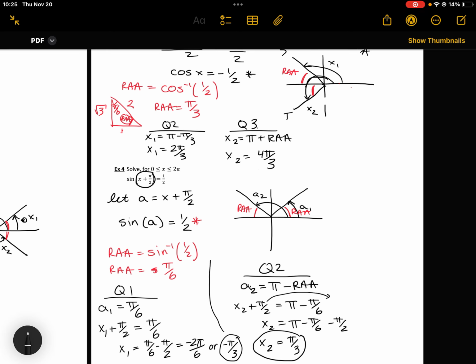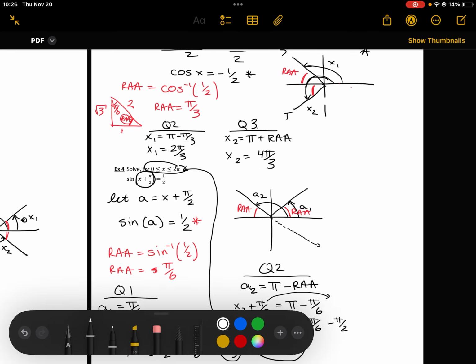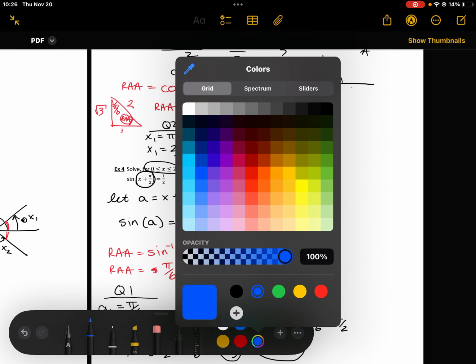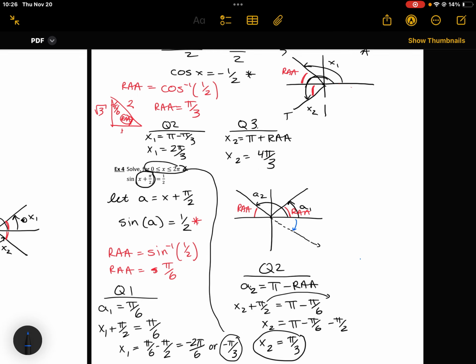If I go back to my original domain that I'm looking for, I don't actually want to say minus pi over 3. I want to give a positive answer. So that means that I need to change this negative angle value, which is really just saying this value right here. This is negative pi over 3.